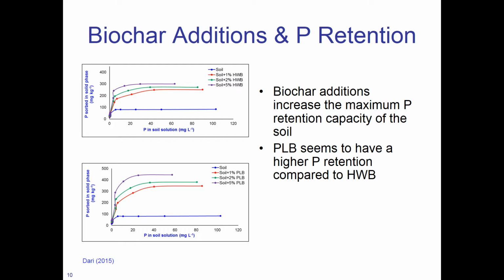Now here is where the misnomer comes in. At the lower concentrations, P release is independent of the biochar sources, but at the same time, the P retention is not independent of the biochar sources, because you see the hardwood biochar has less P in the solid phase compared to the poultry litter biochar.